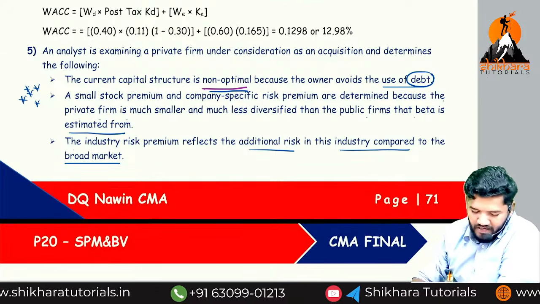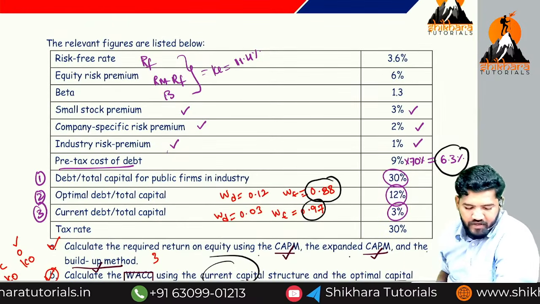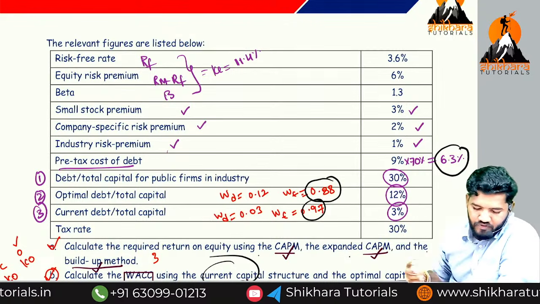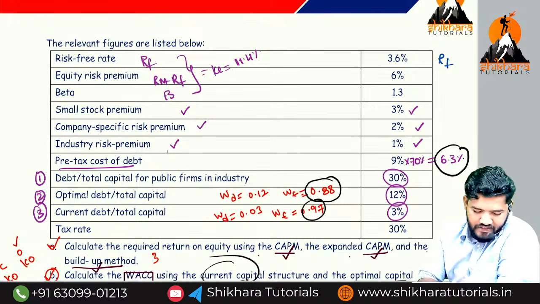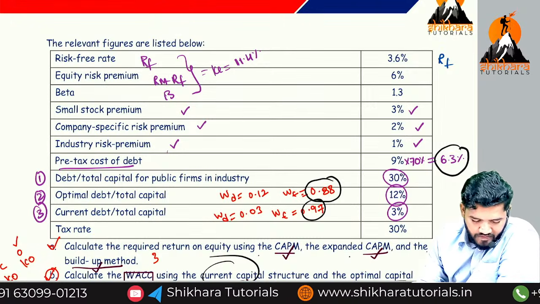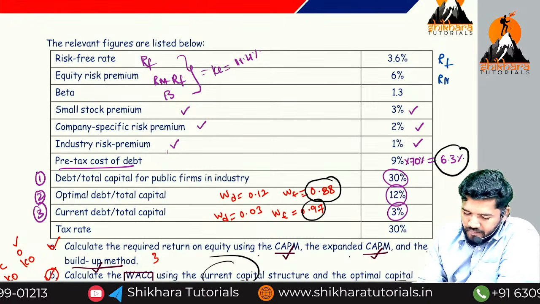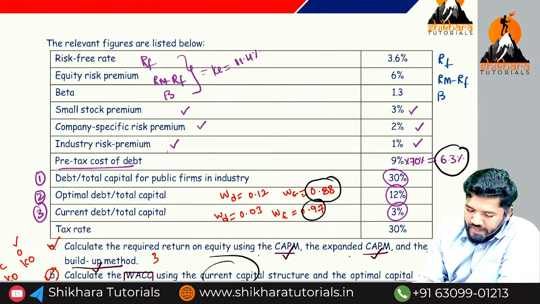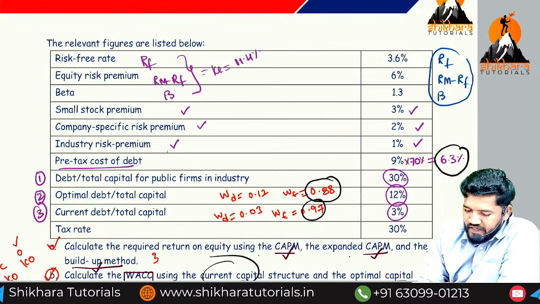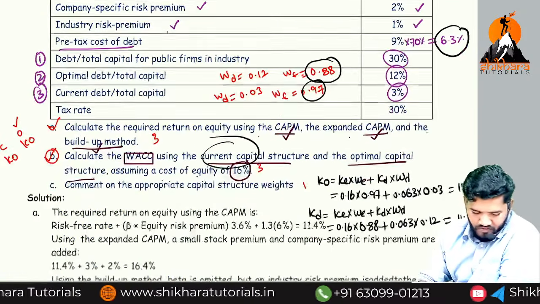That's it. Now the relevant figures are listed below. RF. Next, what is the meaning of equity risk premium? RM minus RF. So this is the beta. By using these three elements, what can I figure out? Now see the first question.